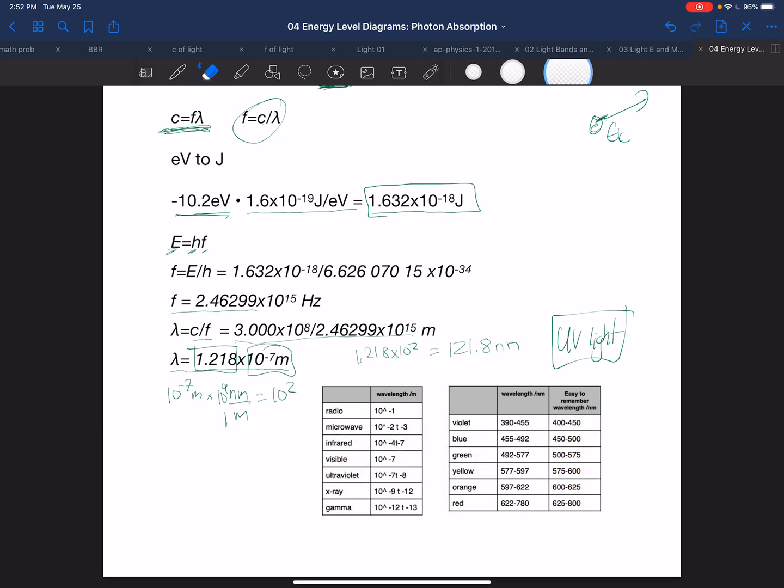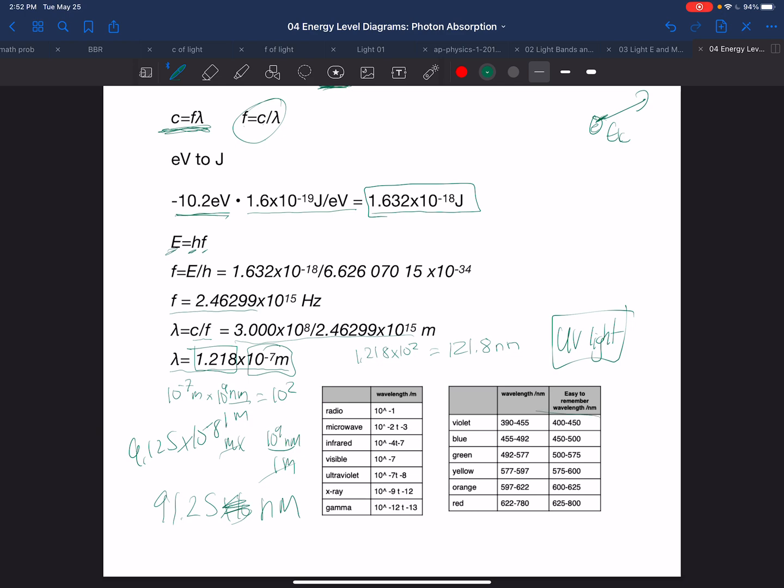We have 9.125 times 10 to the minus 8th meters, times, 1 meter is 10 to the 9th nanometers. So that's 91.25 times 10 nanometers.